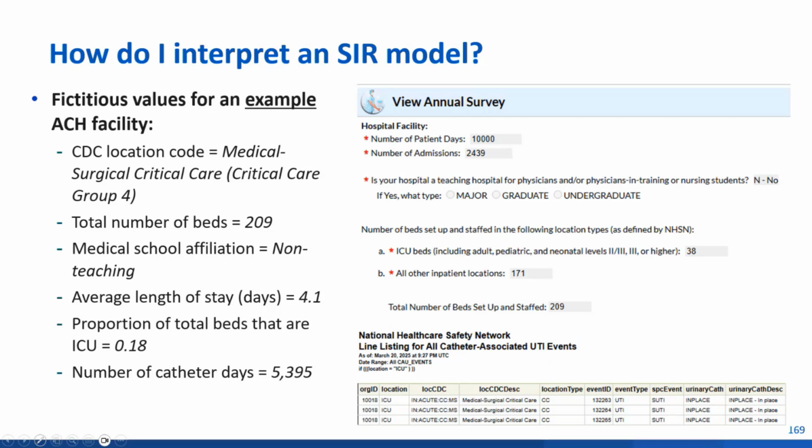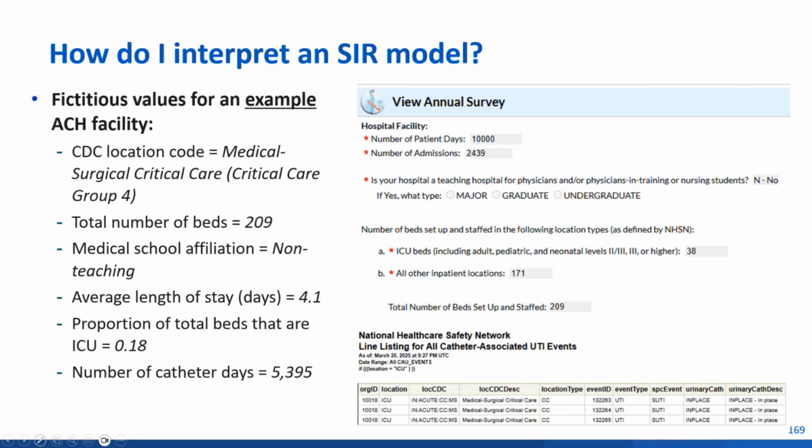So on the left are these made up values corresponding to this acute care hospital facility for this example. These values are purely illustrative. And in this example, the facility has a medical surgical critical care unit, which corresponds to critical care group 4. The facility size is 209 beds.